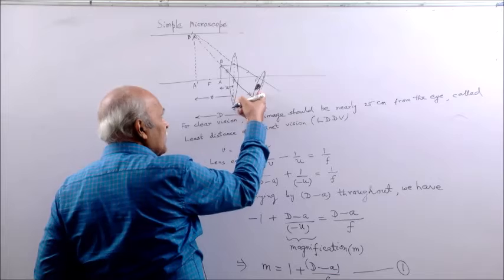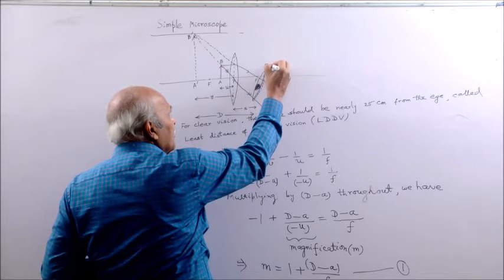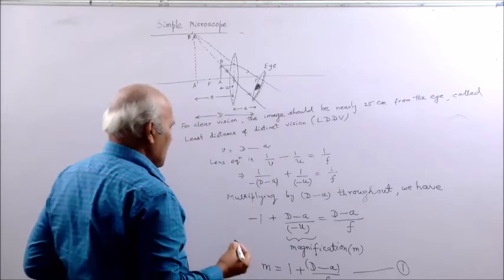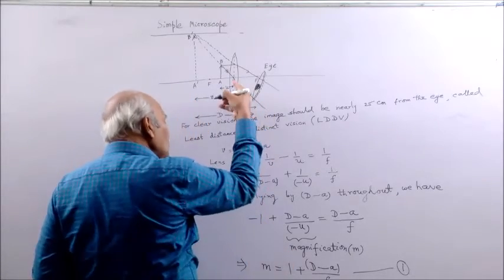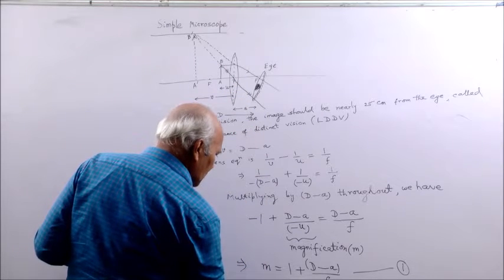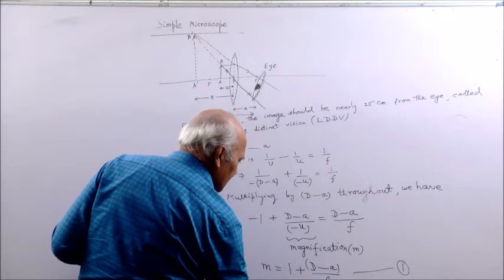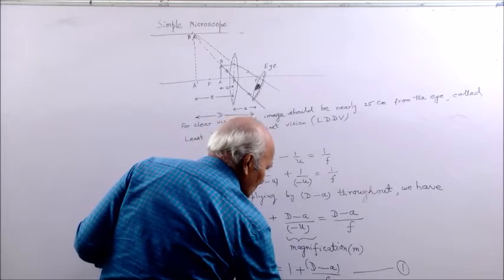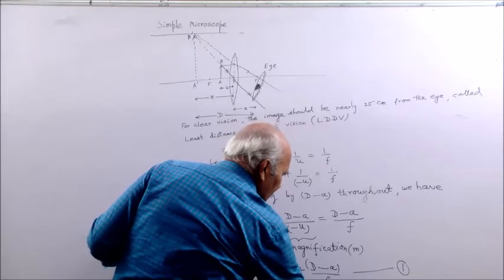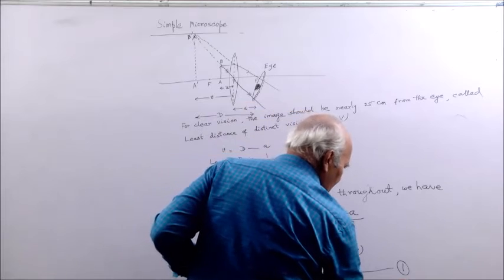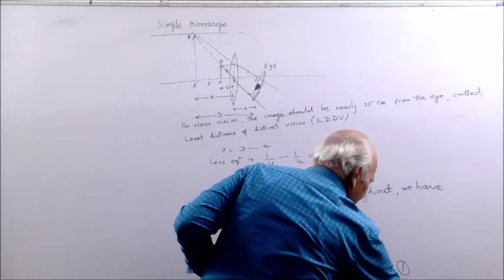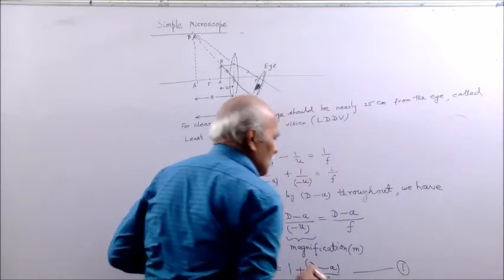This is for the case when the eye of the observer is kept slightly away from the convex lens. But if the eye is very close to the convex lens, if A tends to 0, then M is maximum, M maximum is equal to 1 plus D by F. That is your equation number 2.